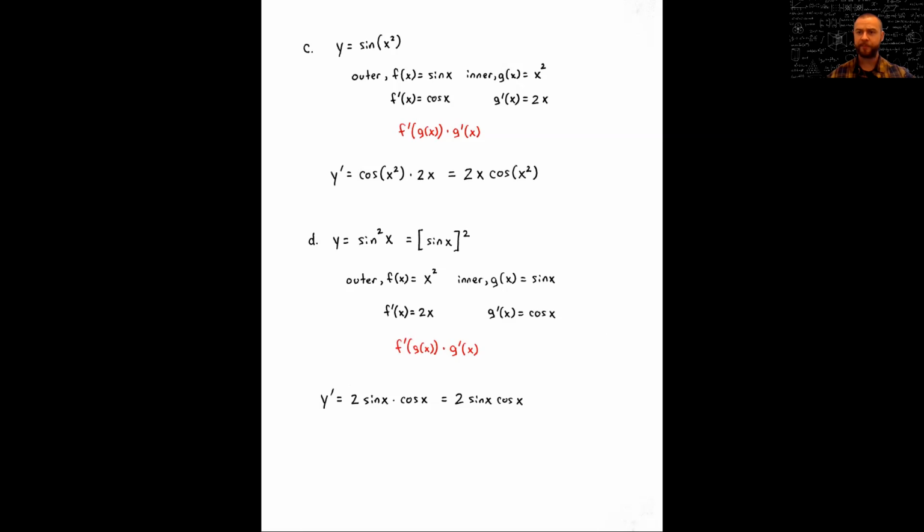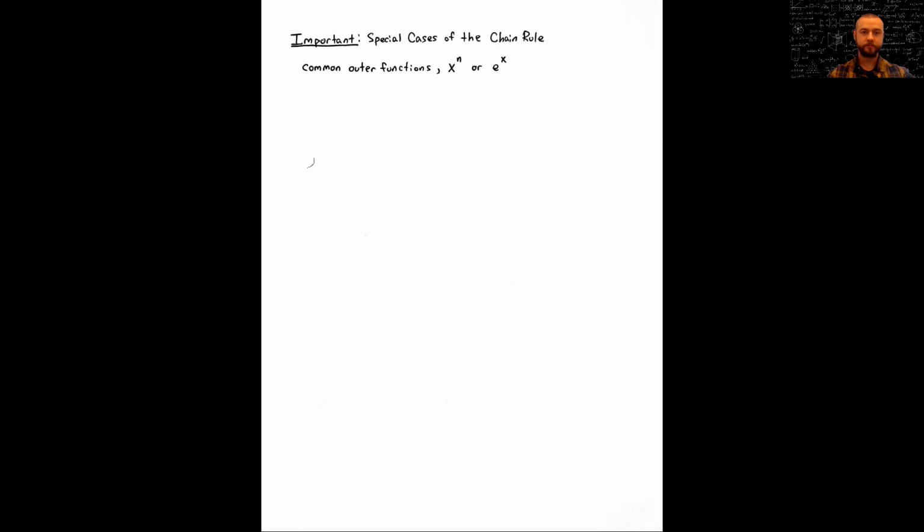Divide and conquer could be very tedious for the lengthier problems. All right, so let's take a look at these 2 special cases. These are going to focus on 2 very common outer functions. Frequently encountered outer functions could be a power of x, x to the n, or an exponential function.